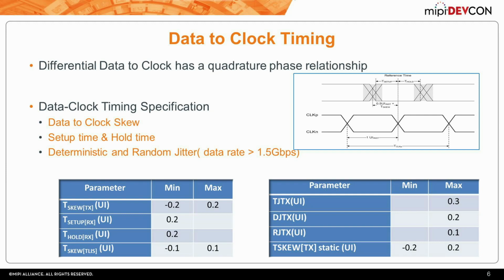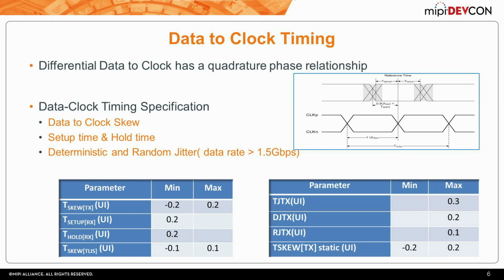As you know, we have many versions of D-PHY covering a wide range of data rates. So the data to clock timing specification is specified in different ways for designs or devices with different data rates.